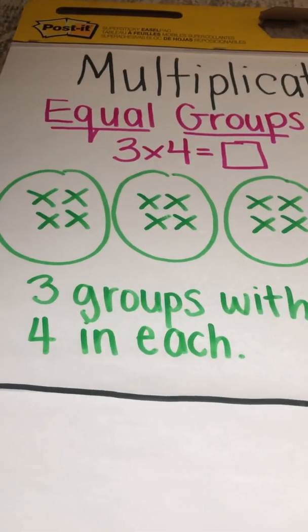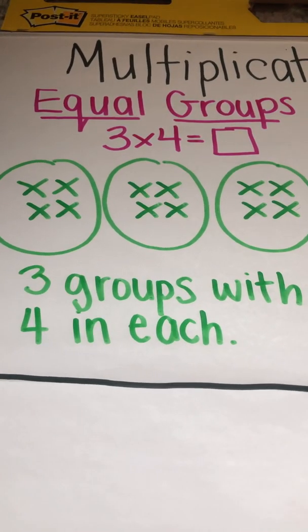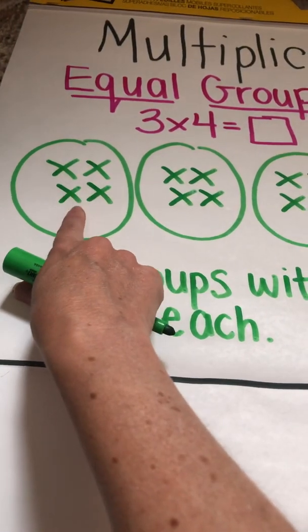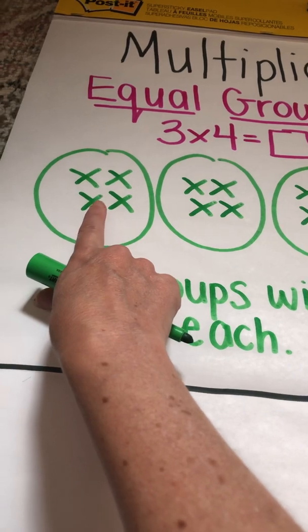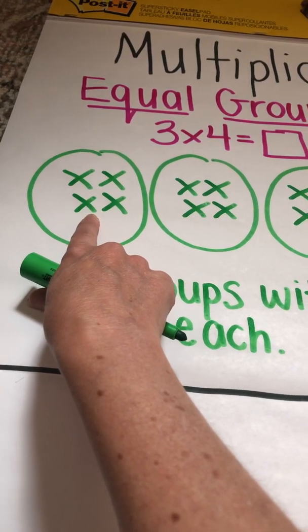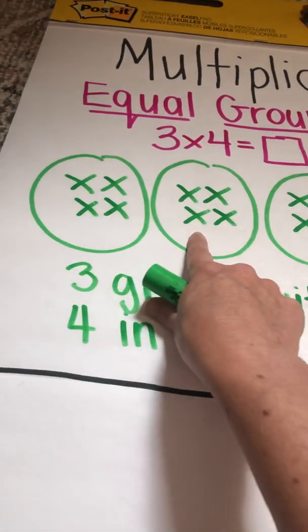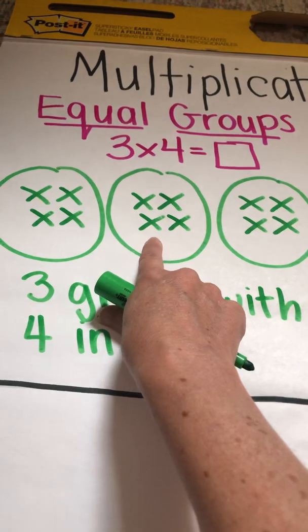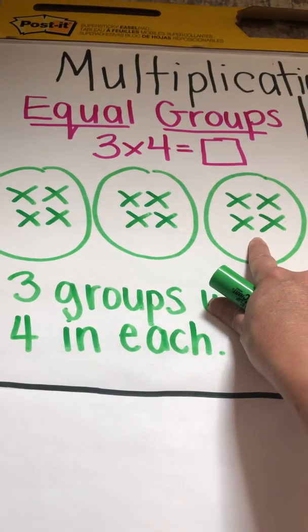Another way I can find that, a little bit of faster way to be more efficient, is I can use some skip counting. So if I know that this is 4, then I can skip count by 4s. So 4, and then think about in your head what's 4 plus another 4. 4 plus 4 is 8, and then 8 plus 4 more would be 12.